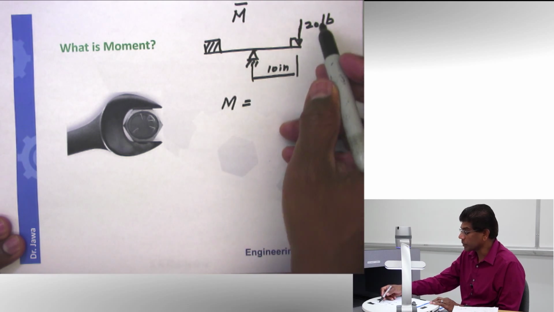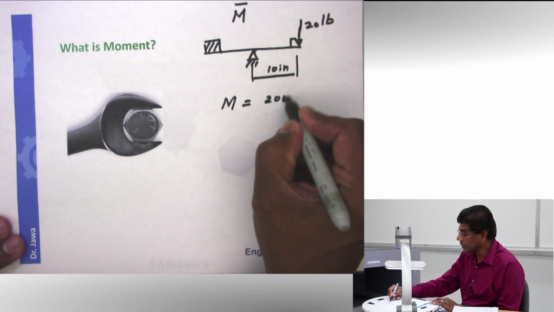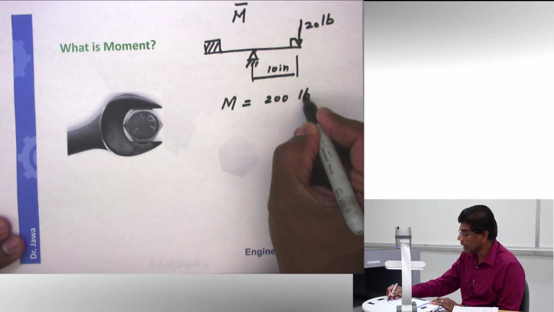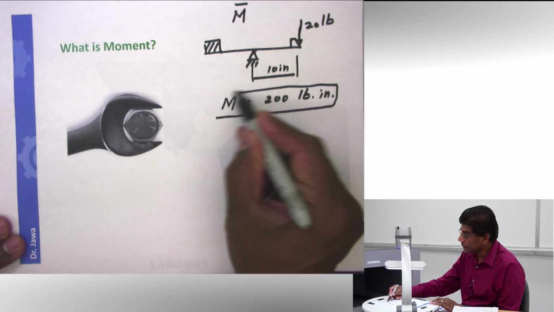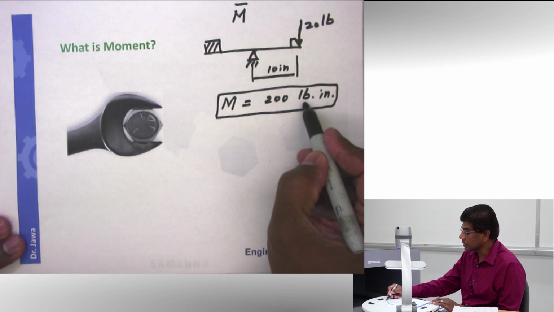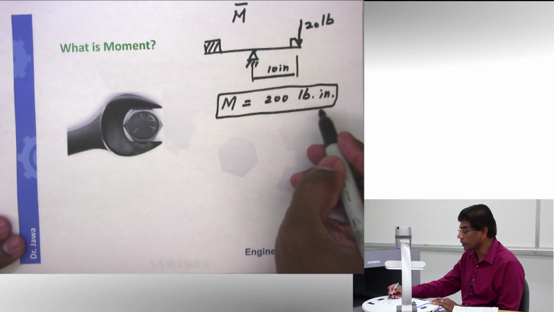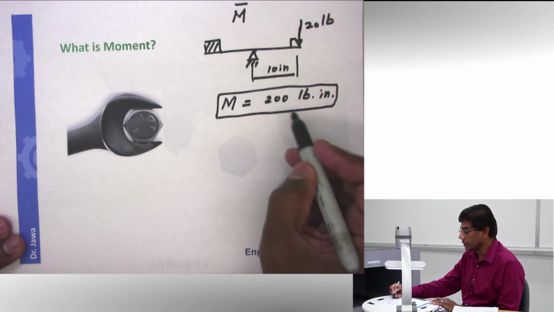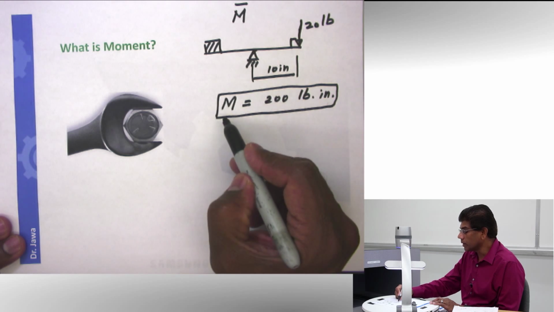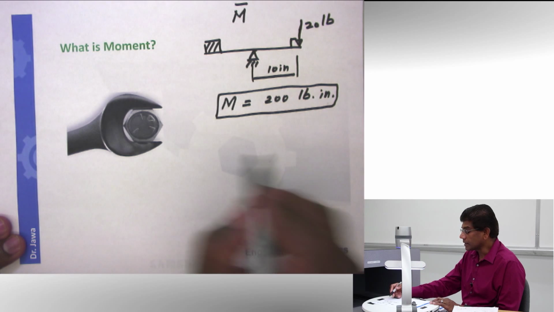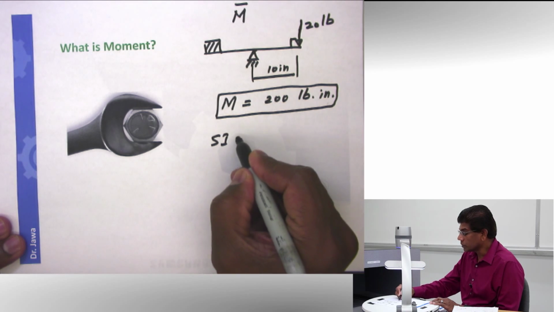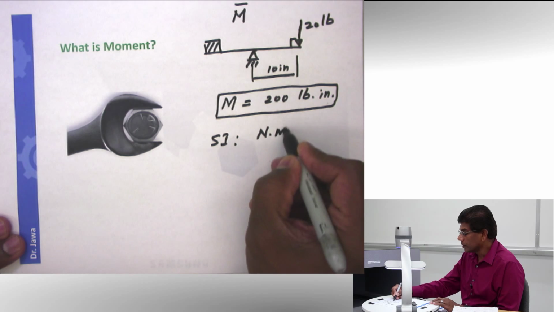So 10 inches times 20, it is going to be equal to 200 pound-inches. Notice the unit now. The unit now is not just pounds, not just inches, it's pound-inches, and make sure you follow the appropriate unit. So in US system, the unit for the moment is going to be pound-inches. In SI system, your unit is going to be Newton meters.